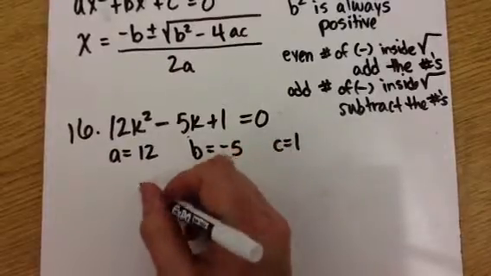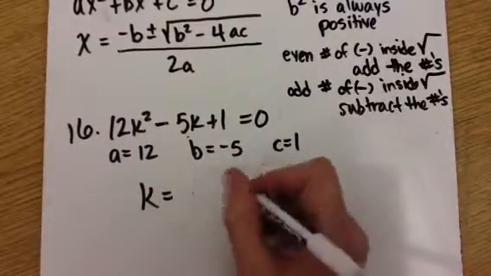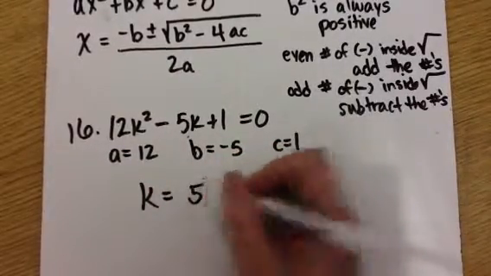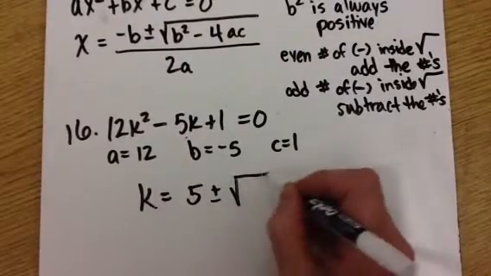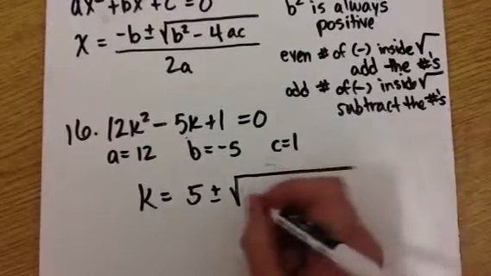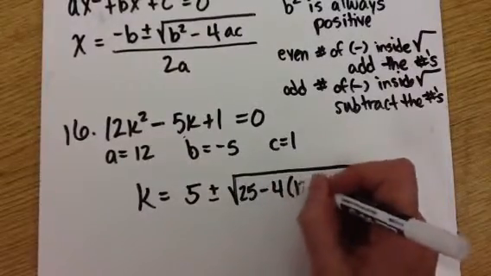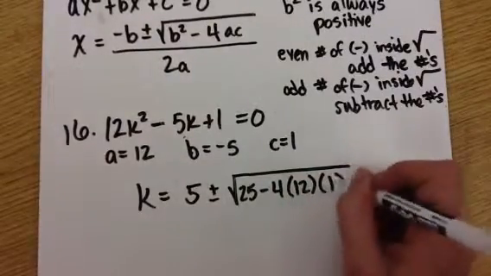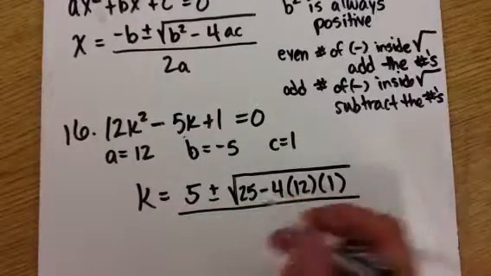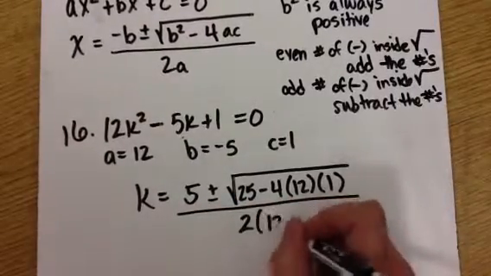So we'll have K equals the opposite of B, which will be positive 5, plus or minus the square root of B squared, which will be 25, minus 4 times A, which is 12, times C, which is 1, divided by 2 times A, which is 12.